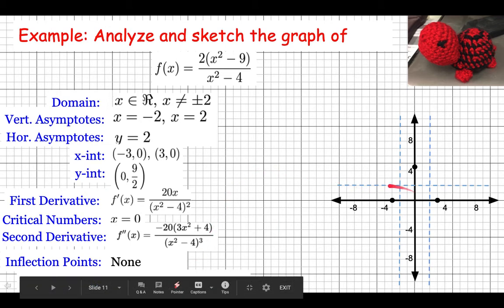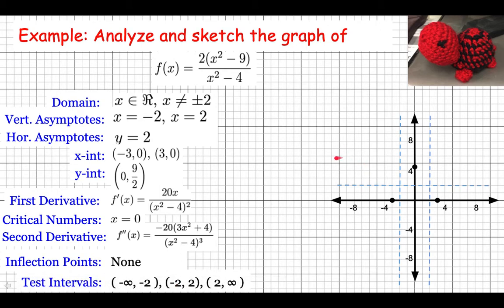So our test intervals are going to be negative infinity to -2, -2 to 2, and 2 to infinity. Those are the points we're going to check. Kind of nice, we already have a point in each one of these.